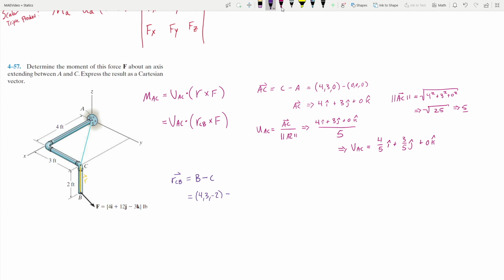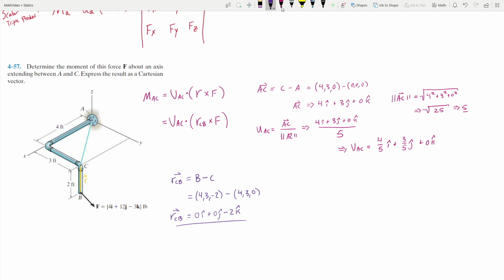And C is going to be 4, 3, 0. So that means our resultant RCB vector will be 0 in the I plus 0 in the J minus 2 in the K. Okay?